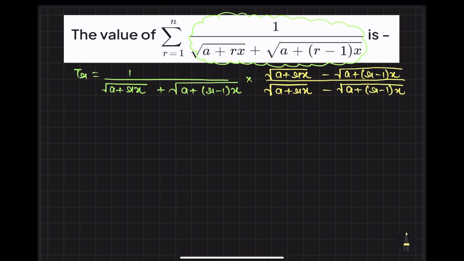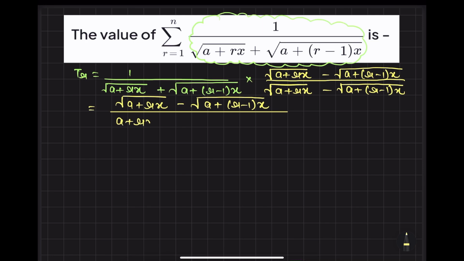Okay, so the denominator would look like a plus b into a minus b, and the numerator will be this, root over a plus rx minus root over a plus r minus 1 x. So denominator will become a plus rx minus a plus rx minus x.